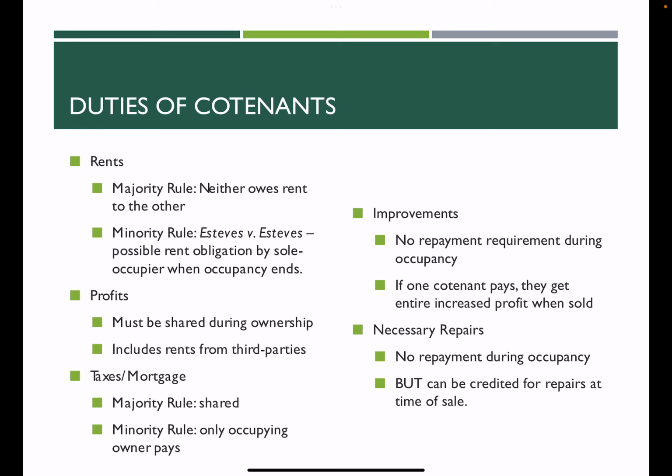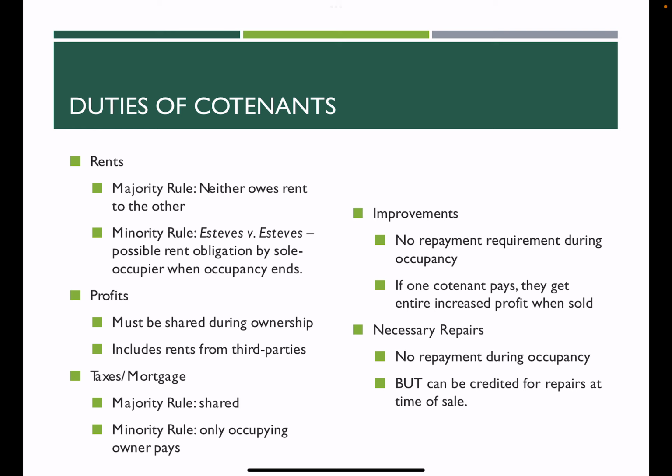So looking at rents, the majority rule is neither owes rent to the other party. The minority rule, which is what you guys saw in Estevez, is that there are possible rent obligations by the sole occupier when occupancy ends. Profits need to be shared during ownership, and it includes rents from third parties.